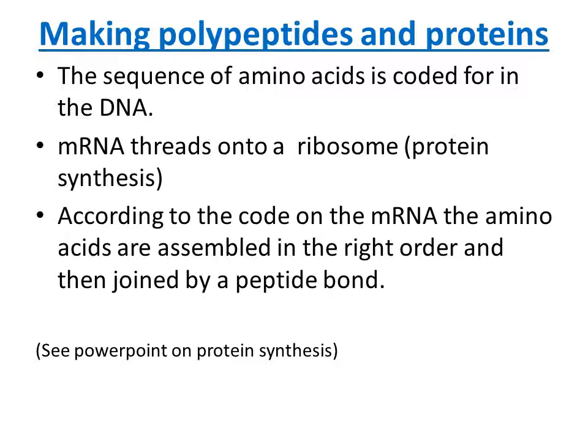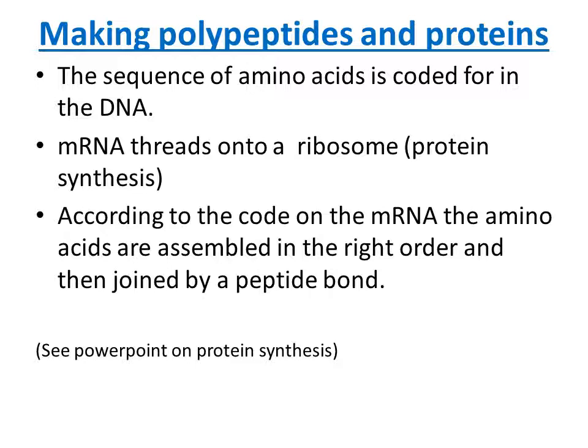Every gene is copied into a messenger RNA strand, and this then will thread onto a ribosome, and the protein synthesis will occur at the site of the ribosome. And then, according to whatever the messenger RNA states, the amino acids are assembled in the correct order, and then they're joined together by peptide bonds.